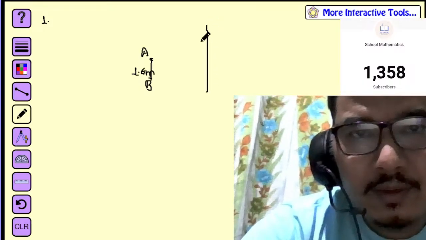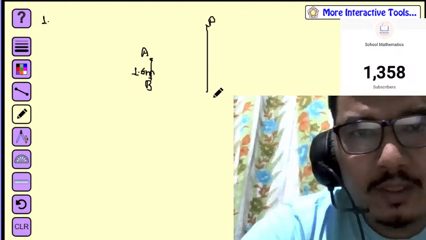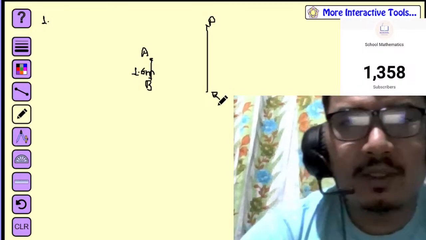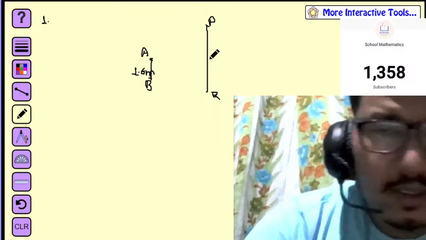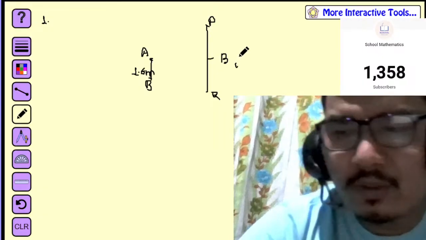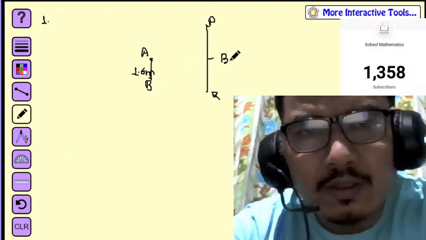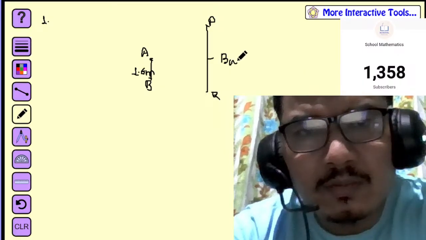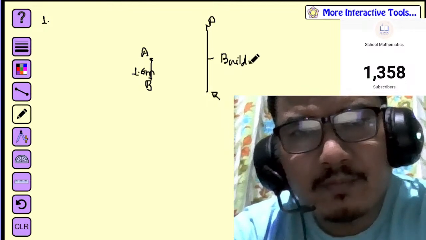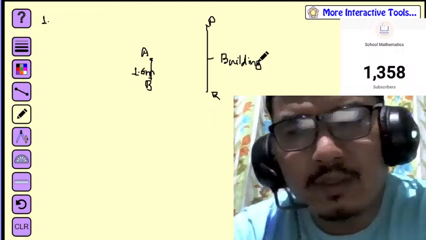This PQ is given there, the building. Write building here. This is the building.